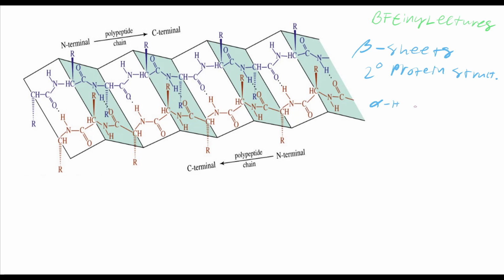only uses one polypeptide chain. Let's just put pep for peptide. So for instance, you would have this little ribbon, and that is one polypeptide chain.